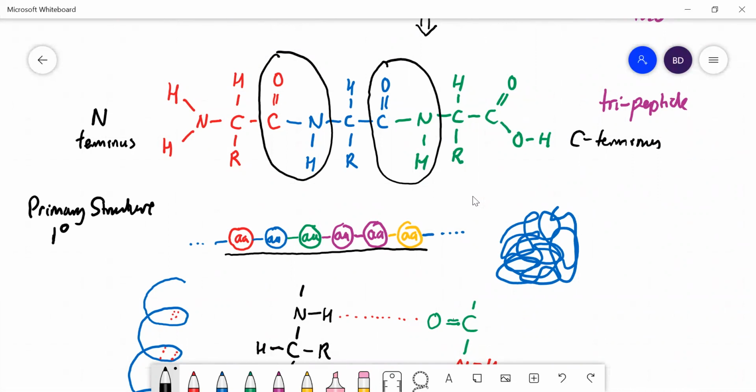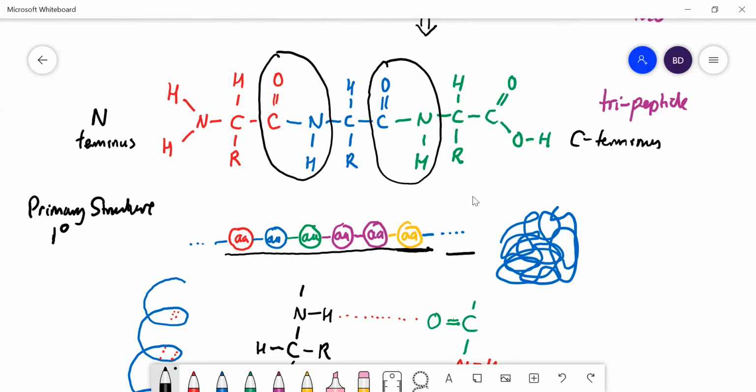So that's just simply the sequence of the amino acids, but it never exists just as a long straight chain like I've drawn it there, because as it's made, as one amino acid is joined onto another, and this happens on the ribosome in the rough endoplasmic reticulum, it starts folding as soon as it's made.